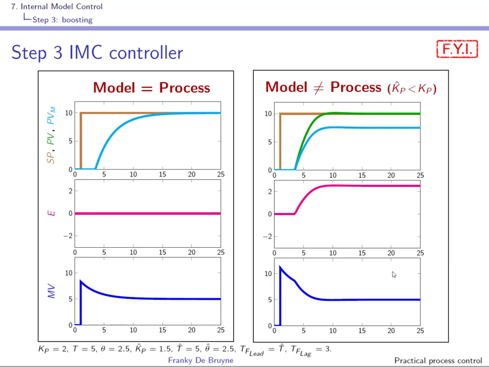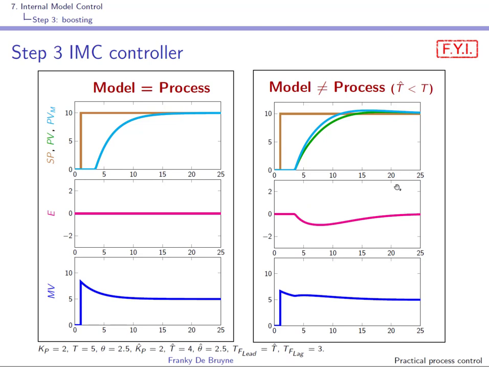Indeed, this is what you see here on the right. The model is exact, except that KP hat is smaller than the actual gain, but you can still see that PV is going to go to set point. If you see that kind of curve, you can clearly identify that the gain is wrong from the fact that there is a steady state error.